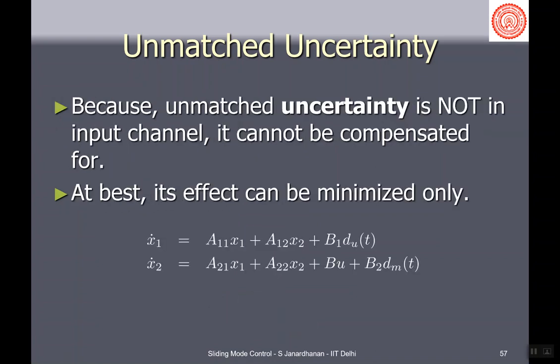What is to be remembered is that unmatched uncertainty is an uncertainty component that is not coming through the input channel, and it cannot be compensated for by any sort of input.